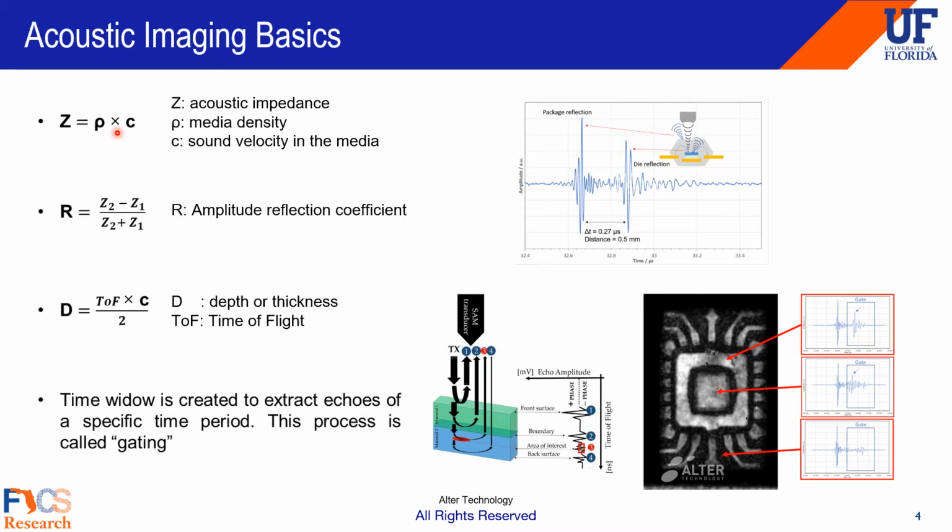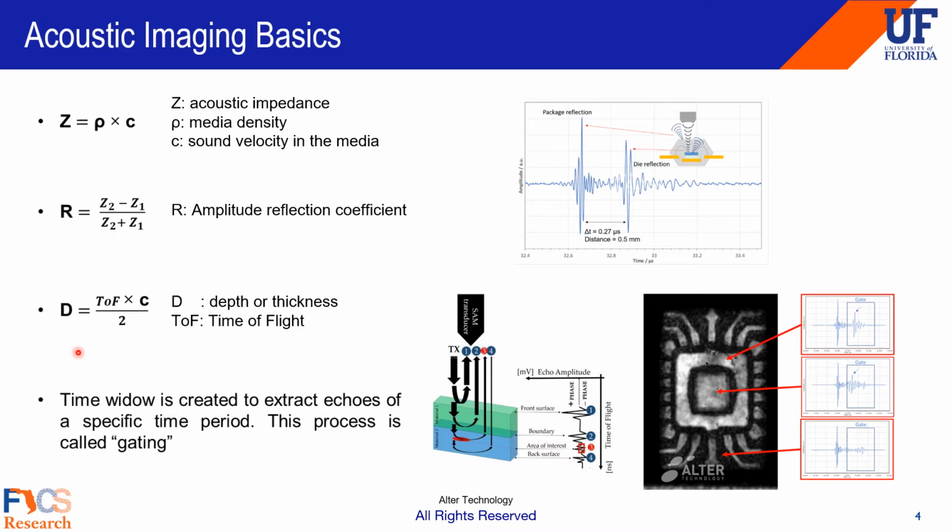The Galvin equation for wave reflection is here, where R stands for reflection coefficient. Wave propagates from material 1 with acoustic impedance Z1 to material 2 with acoustic impedance Z2. The larger the impedance difference between Z1 and Z2, the larger the reflection will be.